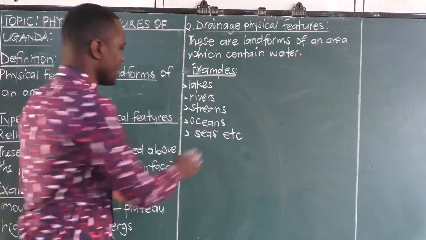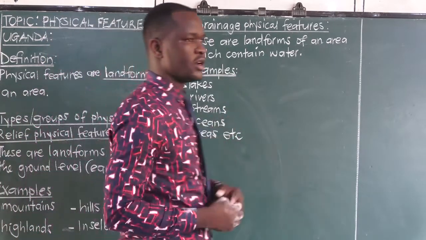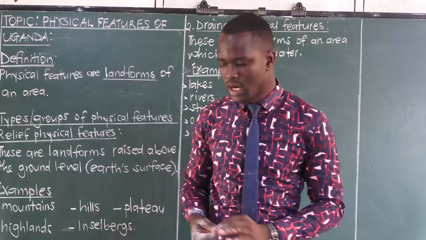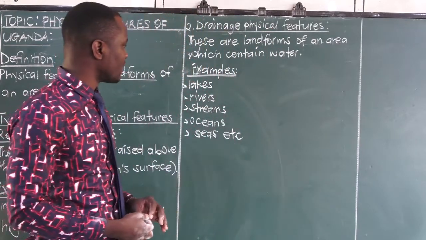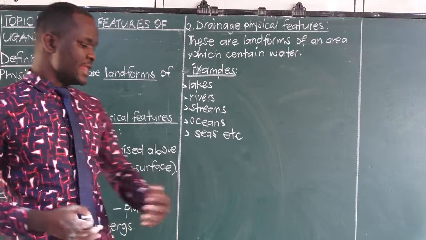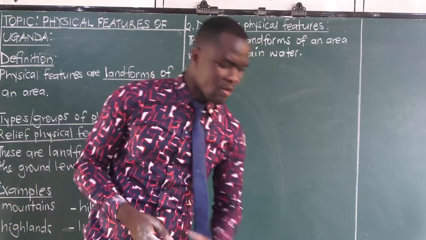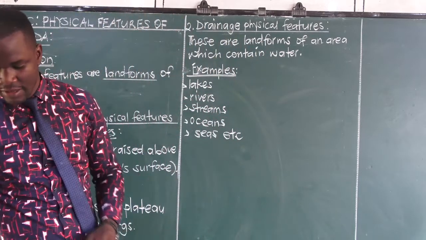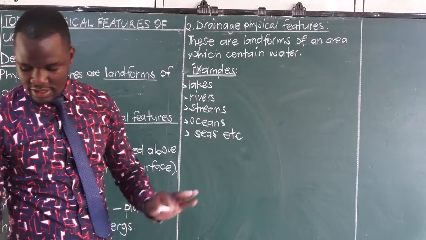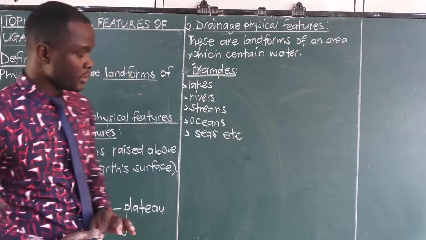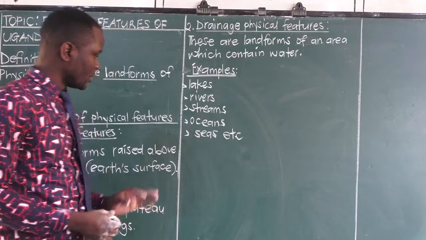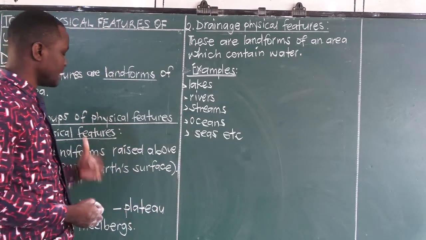So these are the ones we call drainage physical features. I have said drainage physical features are the ones that contain water. They lie on the surface of the earth, meaning they are found just down. They are not raised as in the case of the other ones that we talked about as the relief features.